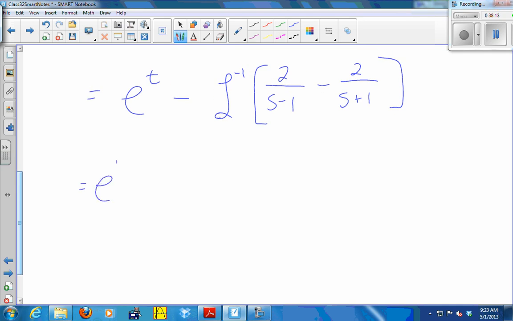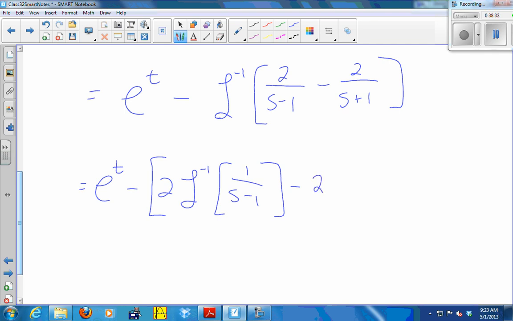So I have e to the t minus 2 times the inverse Laplace transform of 1 over s minus 1, minus, this should be, subtract this whole thing, minus 2 times the inverse Laplace transform of 1 over s plus 1.